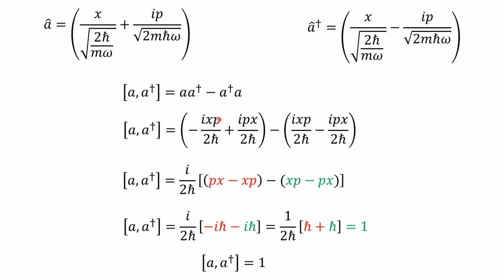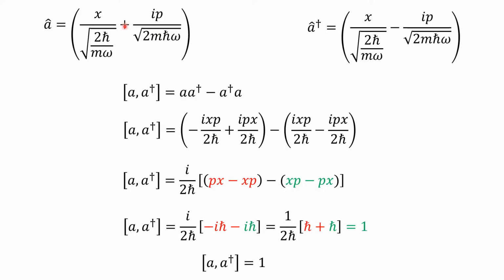So here one minus, which will become minus i, because here you have iX into P. The numerator has square root of m omega, and the denominator m omega will cancel with it. So you will be left with only square root of 2 h cross times square root of 2 h cross, which will become 2 h cross only.